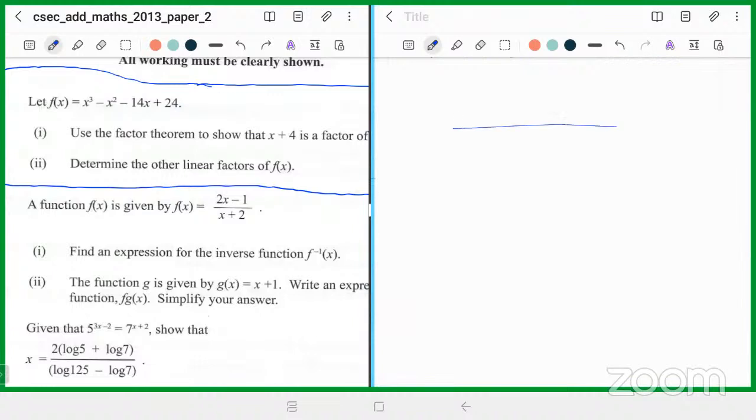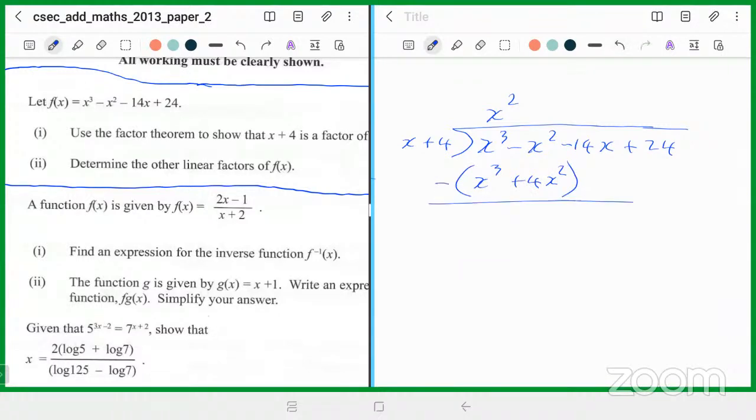So I'm going to say x plus 4 into x cubed minus x squared minus 14x plus 24. I'm going to divide it down. This divided by that is x squared. Then x squared times these becomes x cubed plus 4x squared, and you're subtracting everything.